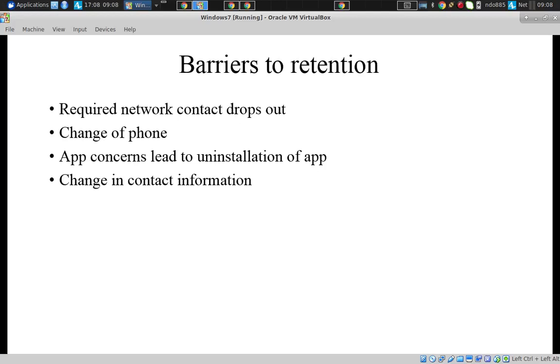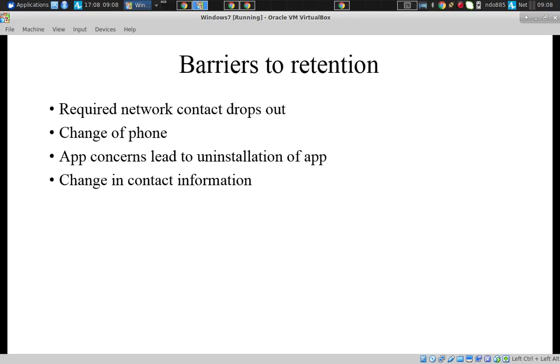One of them is people change phones. We talked about that yesterday. You want to be prepared for people to change phones and to have an understanding of what they need to do if they do change phones. Nonetheless, people may not remember to do that, and you're going to want to monitor the incoming data.